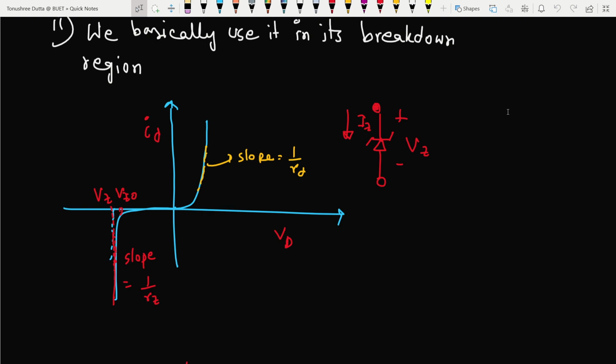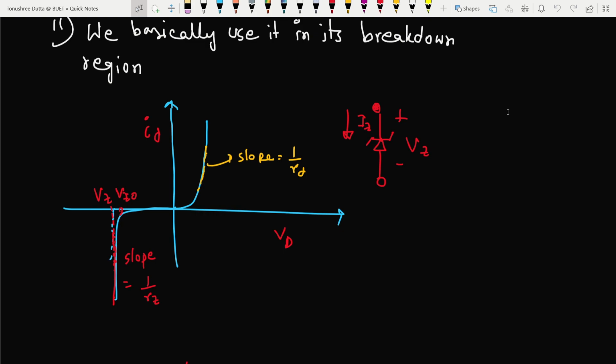If you look at the positive side, the graph is just like any typical diode, and it has a slope of 1 by a small rd. That small rd is the equivalent resistance of this Zener diode for forward bias, like all typical regular diodes in their forward bias region.